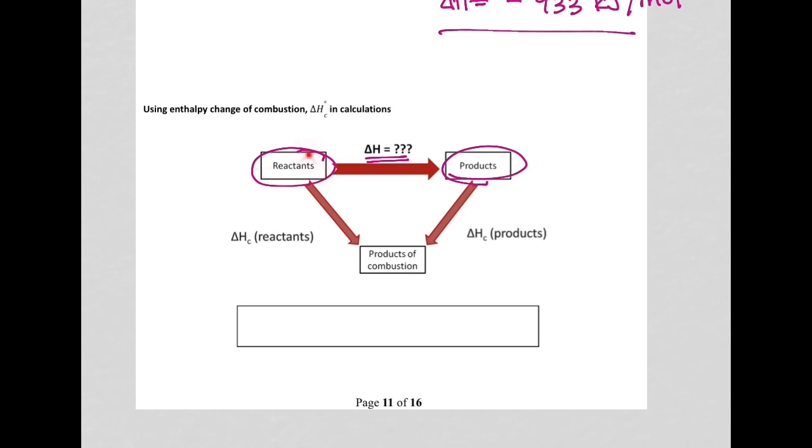Now the enthalpy of combustion of reactants, that's this arrow here, and the enthalpy change of combustion of products is this arrow. Now if we find delta H in terms of delta HC, we would start here at the tail, going in this direction, and then we would go up in this direction.